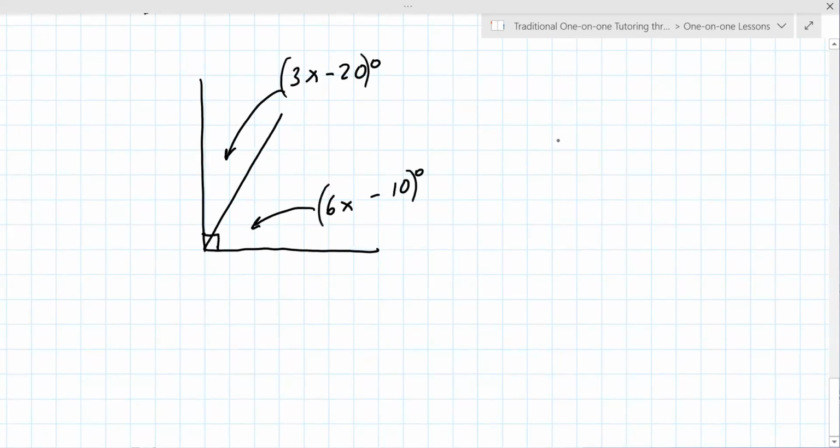Have you seen problems like this where you have to solve for x and then, for example, determine the angles? Have you seen anything like that? No, not yet. I think I might be just about to learn that, but I haven't seen it yet.